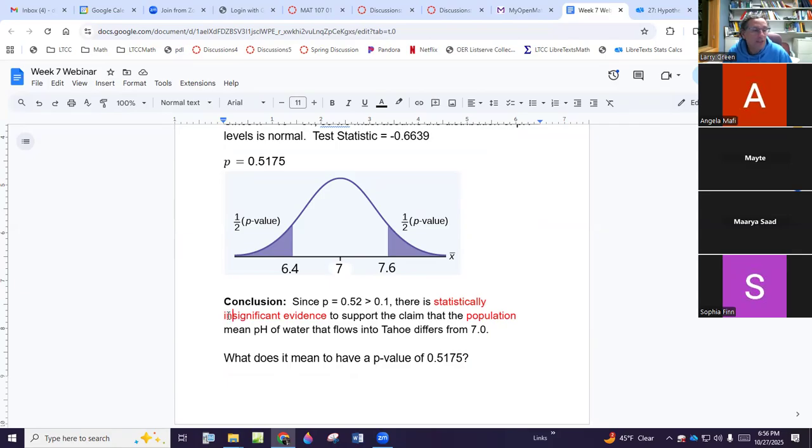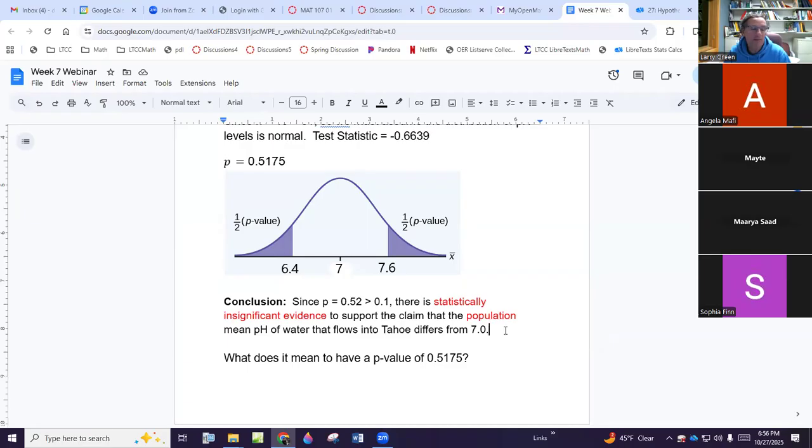Notice the big difference is IN. You get that wrong, you've totally screwed up. It means you made the exact wrong mistake, the exact opposite of what you were supposed to do. Does that make sense? So that'd be the worst mistake to make, to not have that IN. There is statistically insignificant evidence to support the claim that the population mean pH of water that flows into Tahoe differs from 7.